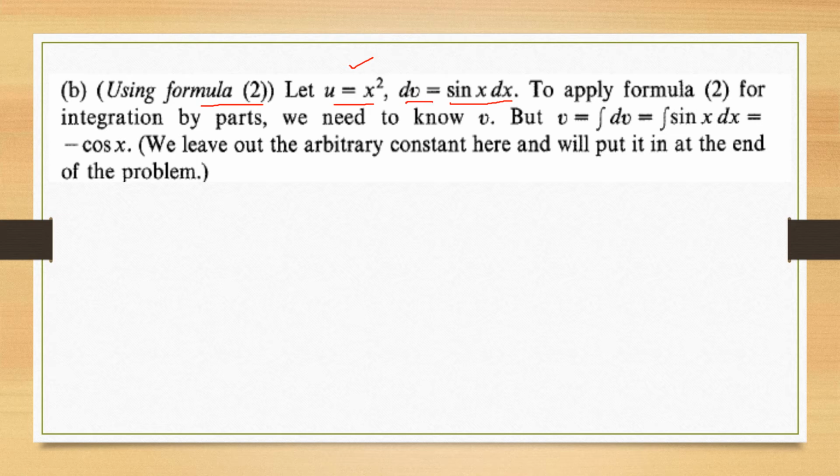To apply formula 2 for integration by parts, we need to know about v. While we have dv, we calculate v by just taking the integral, and we obtain minus cos x.